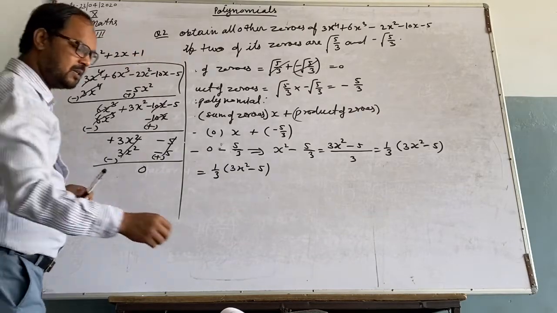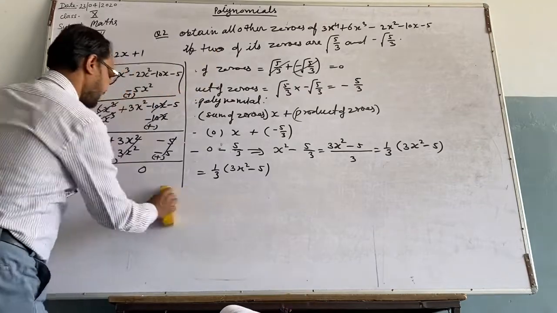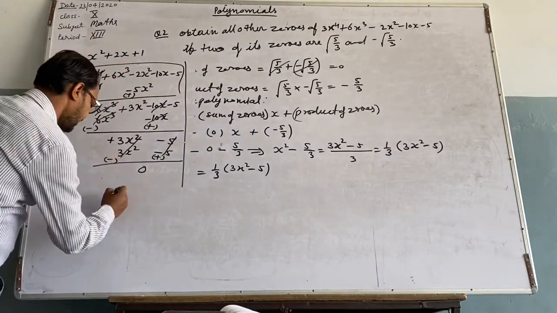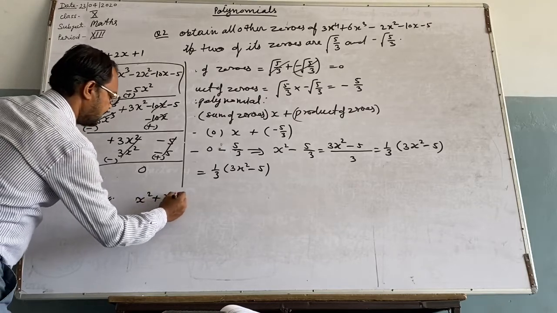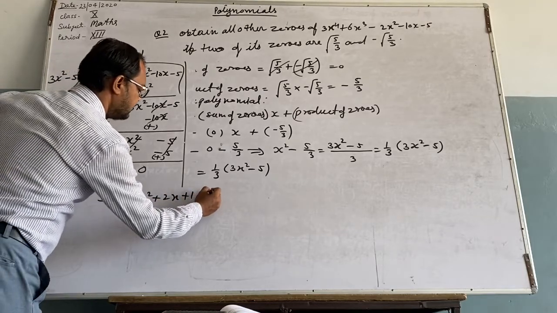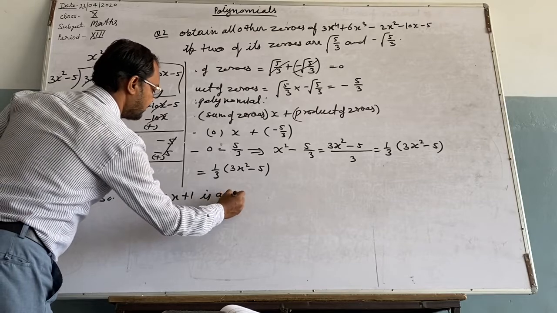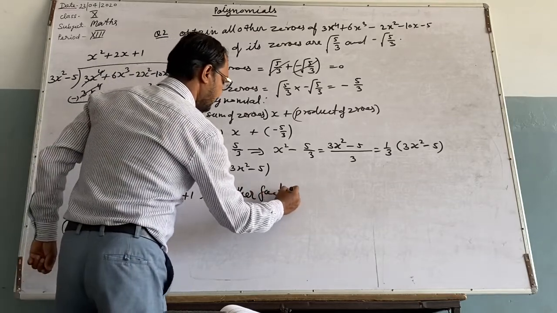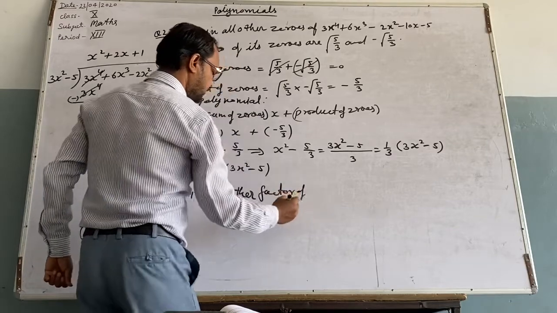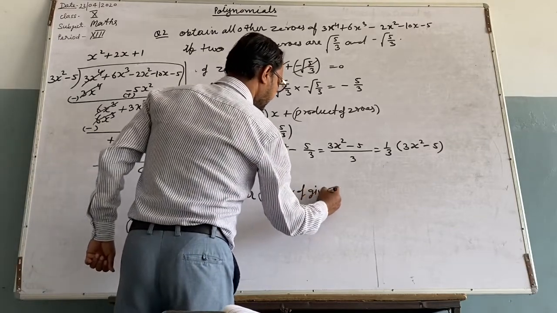So we can say x square plus 2x plus 1 is another factor of the given polynomial.